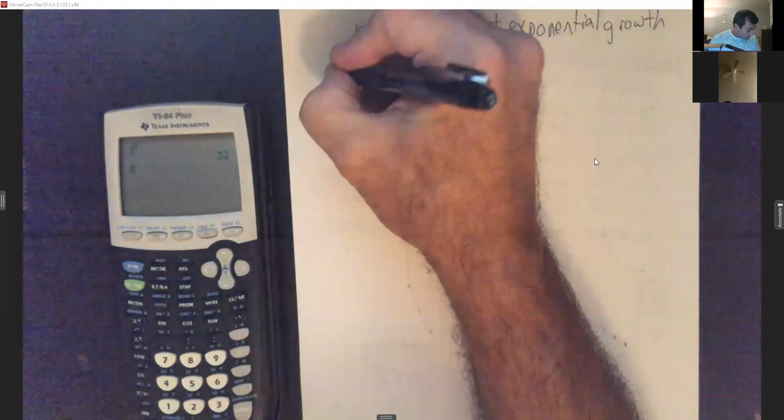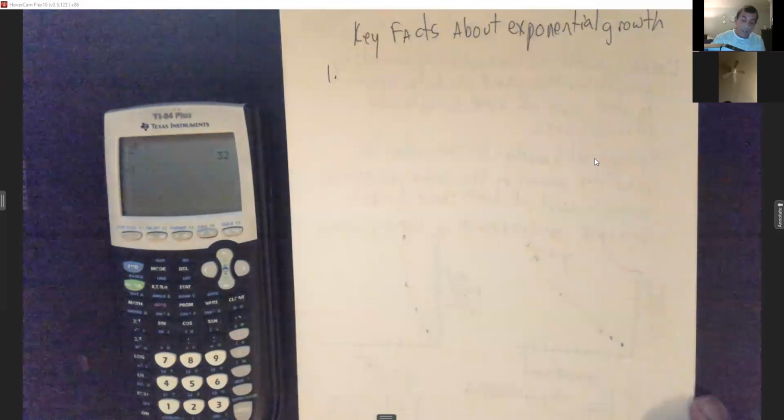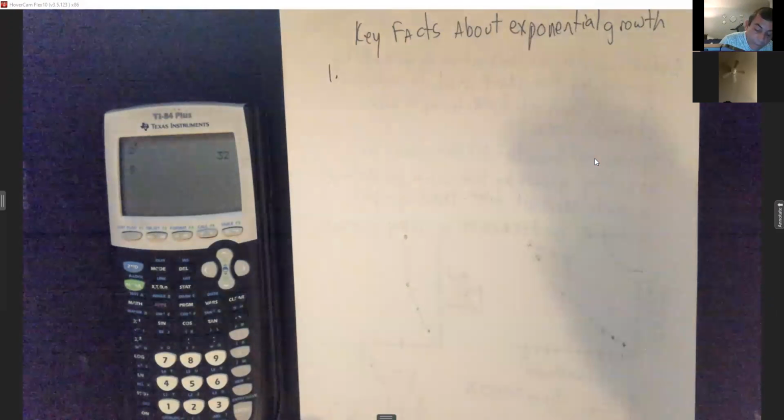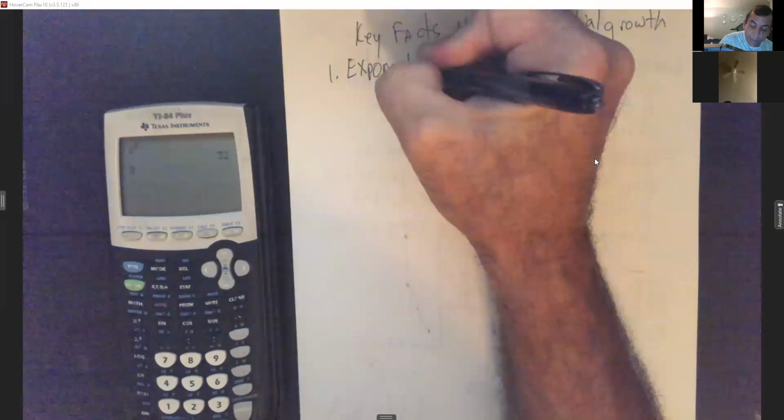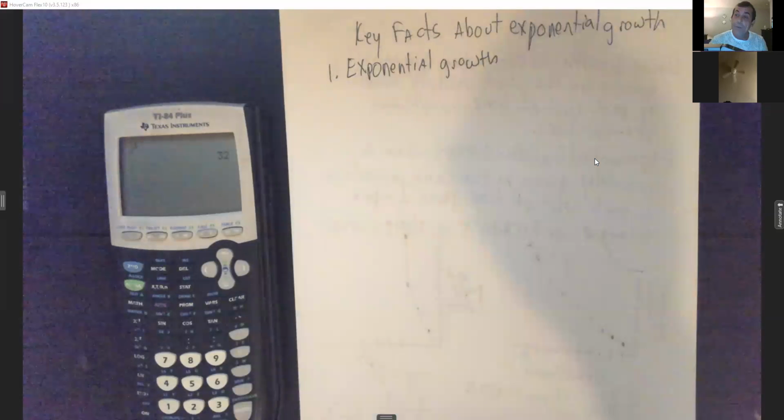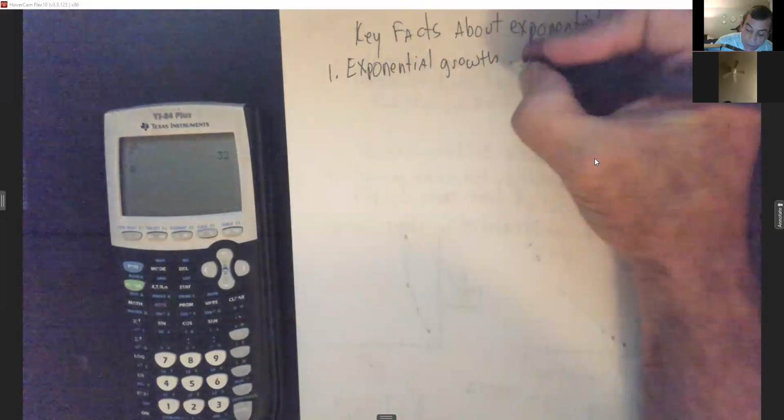First thing, exponential growth leads to repeated doublings.